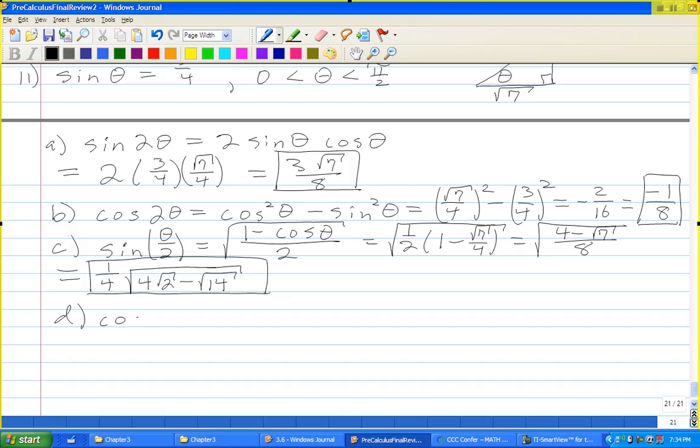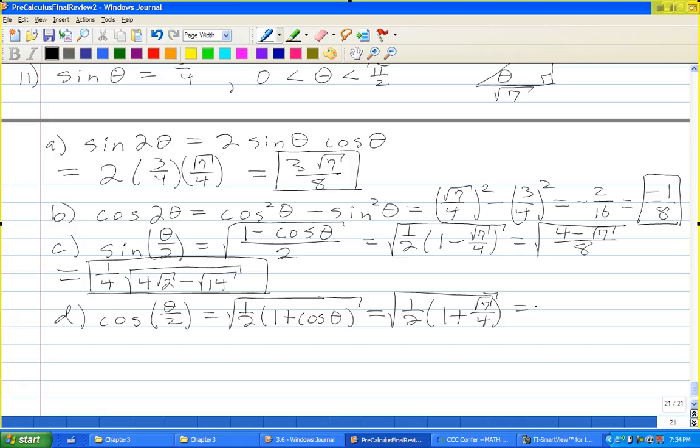Cosine of theta over 2. Well, that's, again, you'll still be in the first quadrant, so it's positive. Maybe I'll write it as 1/2, 1 plus cosine of theta, which is 1/2, 1 plus rad 7 over 4, which is 1/8, 4 plus rad 7.